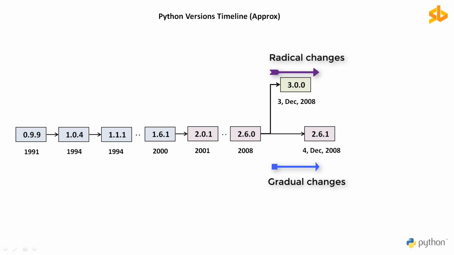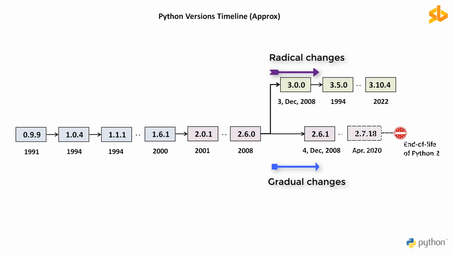Hence, developments to the language happened actively in both the branches, Python 2 and Python 3, until a final release of Python 2, Python 2.7.18, in April 2020, which marked the end of life of the Python 2 branch. And most of the community has moved on to Python 3 at this point now.